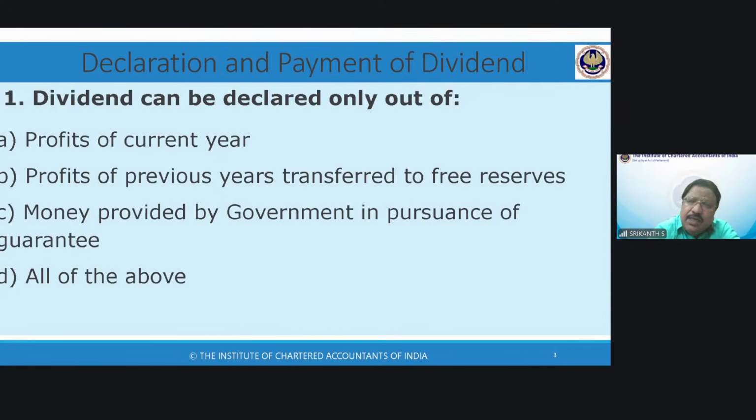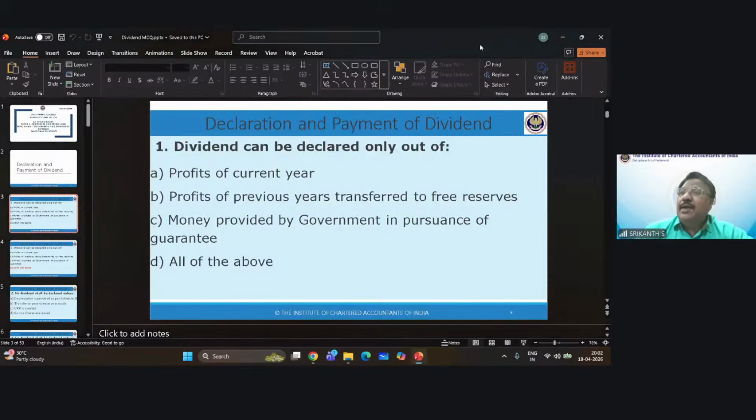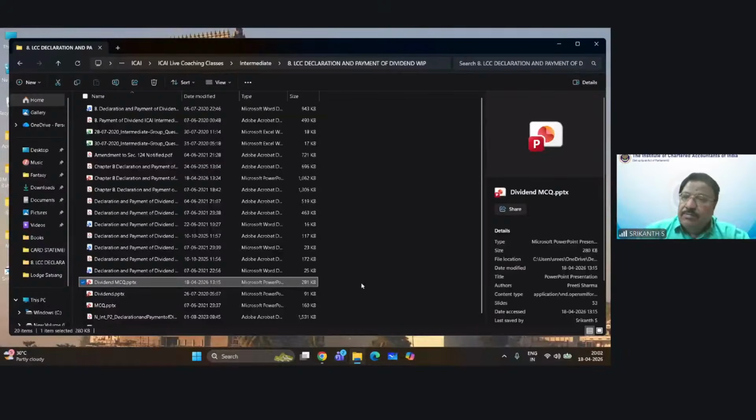What I suggest, instead of putting it on the group, where I cannot see the chat box, and due to some reason I'm not able to get that floating thing where I can see the chat. Usually it will come here, at the top. It's not coming today. I don't know why. I'll do one thing, I'll try to stop share and then share again.